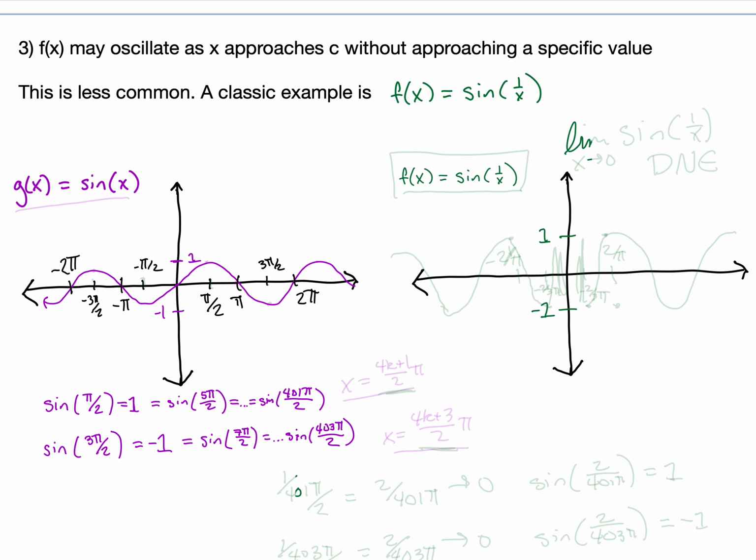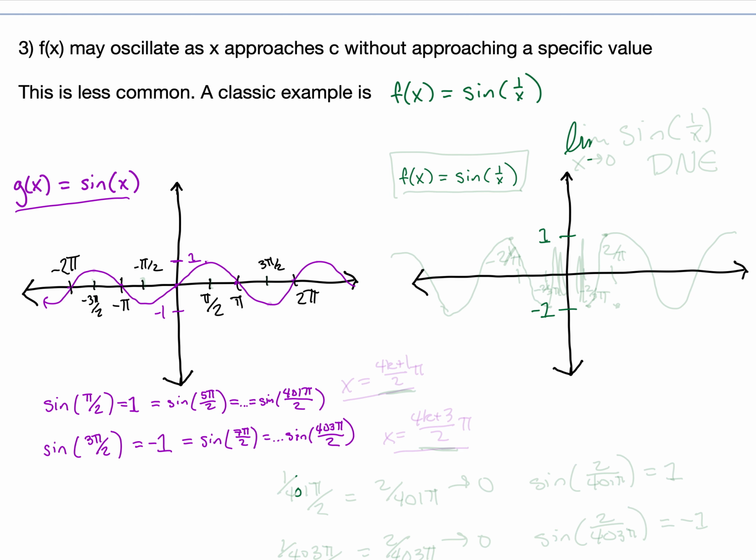To see why that works in this situation, let's look at the function g of x equals sine of x. This function should be at least a little bit familiar to you. Sine of x oscillates between -1 and 1, and at integer multiples of pi, the output of sine of x is 0, and at half multiples of pi, the output is either positive 1 or negative 1.